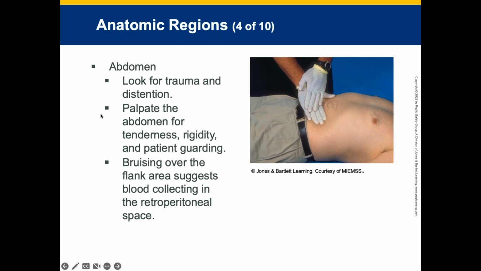So bruising on the flank is called Grey Turner's sign. Okay? Yeah, there you go. If you have bruising around the umbilicus, what is that called? It's called Cullen's sign, bruising around the umbilical area.